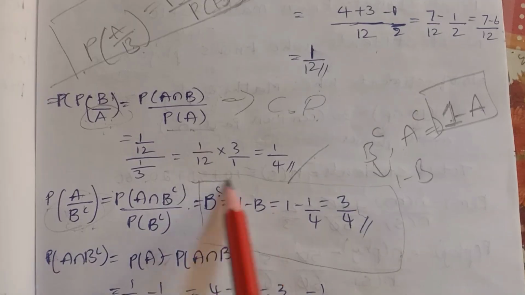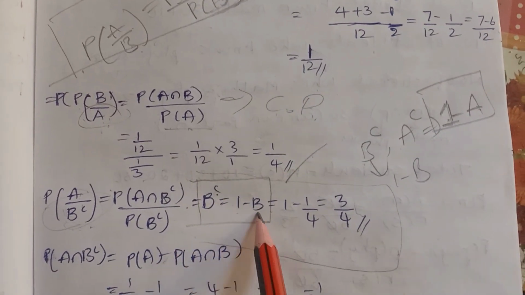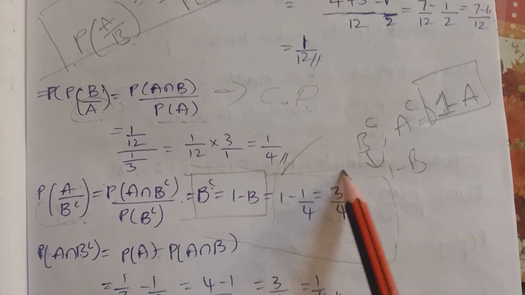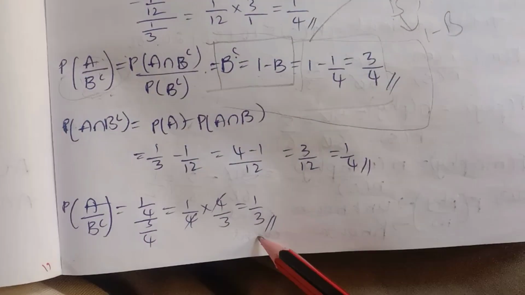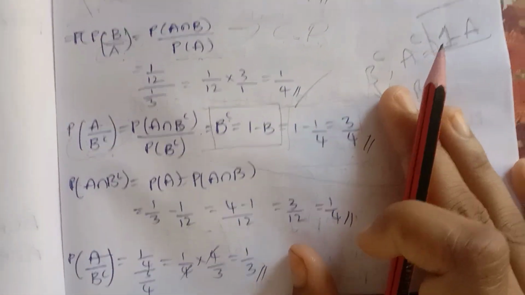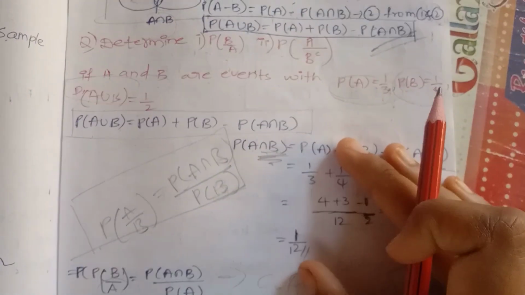For calculating B complement we have the formula 1 minus P of B. After calculating B complement we substitute it in the formula and we will get the solution. This is the example of the addition theorem.